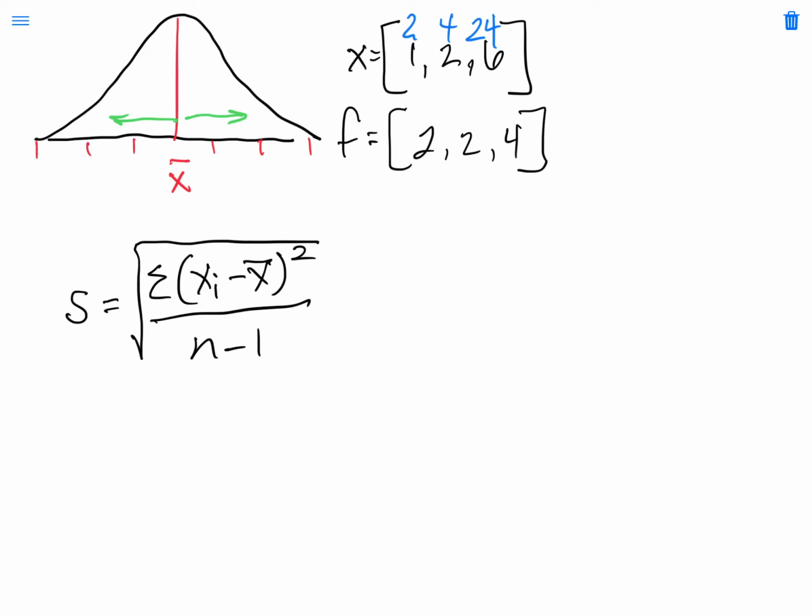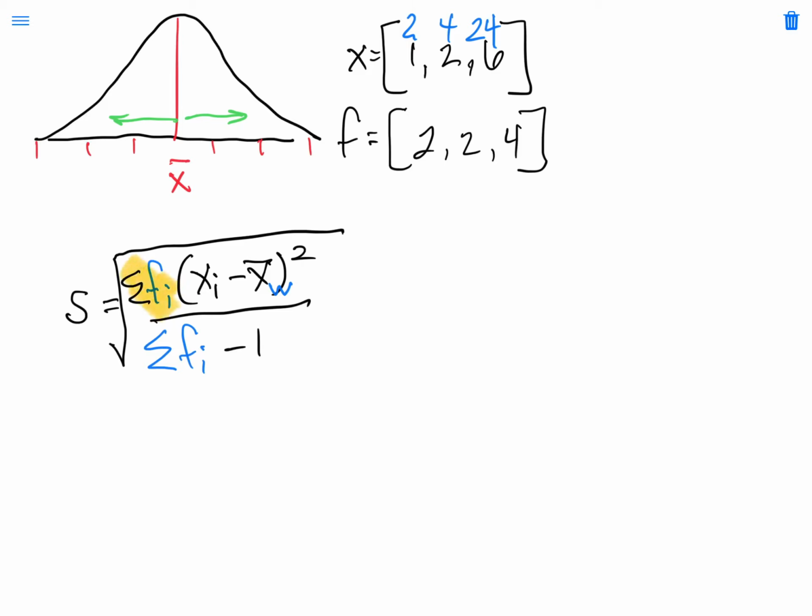To change this, we're going to use the weighted mean, multiply by the weights before we sum it up and take the square root. Then in the denominator, we get rid of the n and replace it with the sum of the weights again.